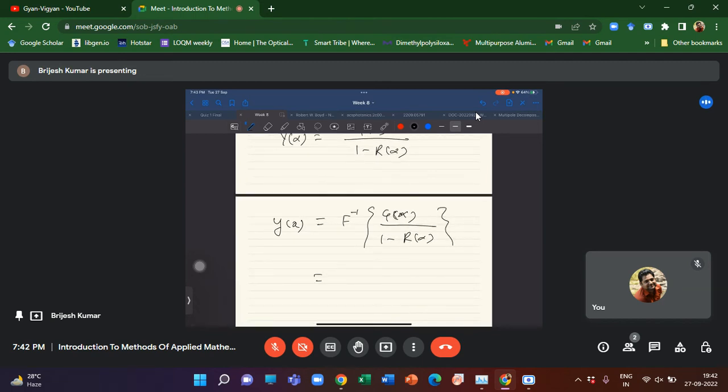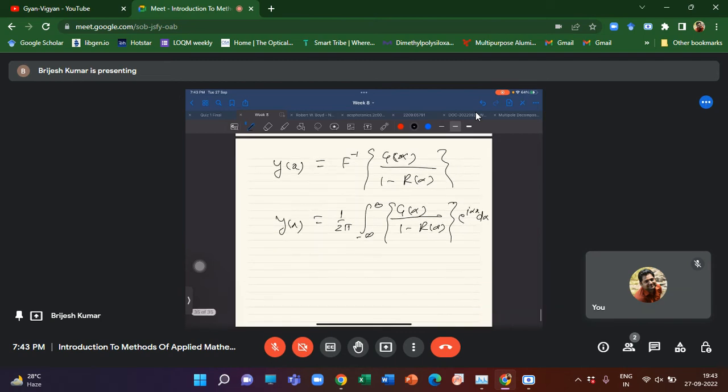So you can find y(x) will be 1 upon 2 pi, the integral from minus infinity to infinity of G(alpha) upon 1 minus R(alpha) into e to the power i alpha x d alpha. Let's assume the integral exists, so you can find y(x) by integrating this function.